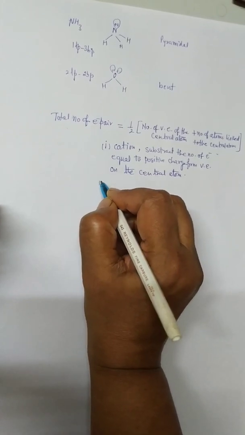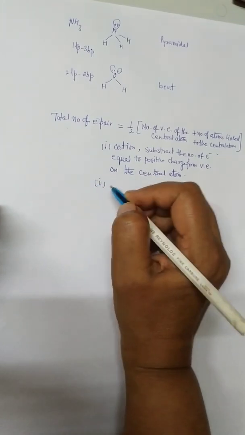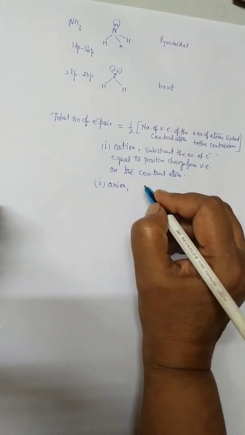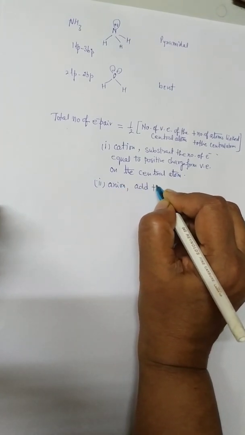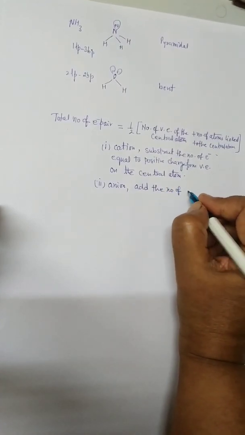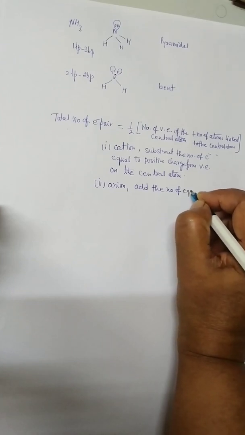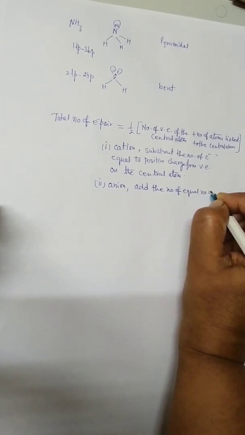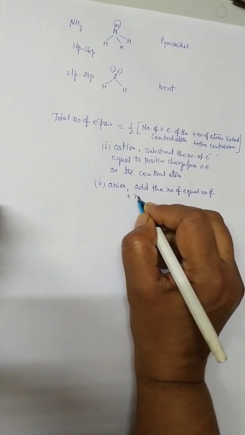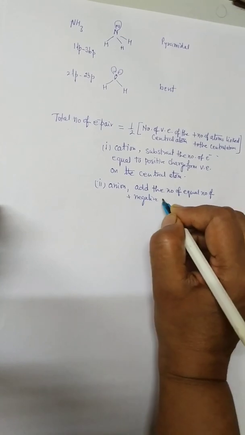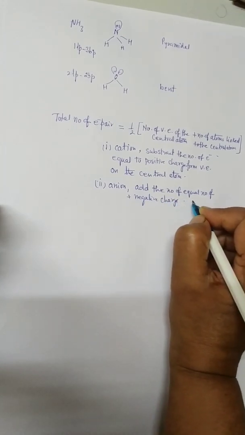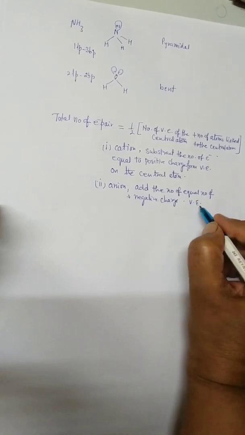Suppose it is an anion, negatively charged, then what you have to do? You have to add the number of electrons equal to the negative charge to the valence electrons of the central atom.